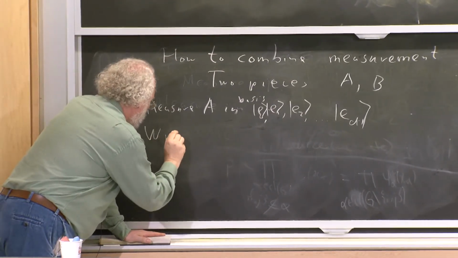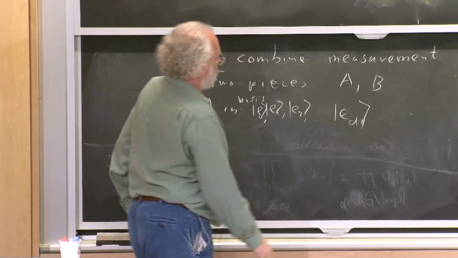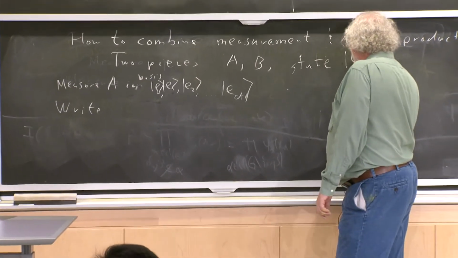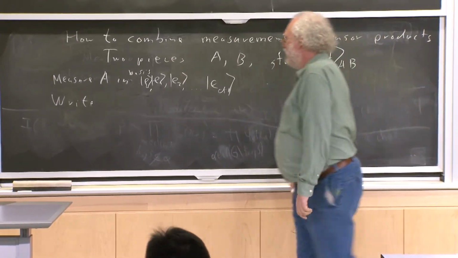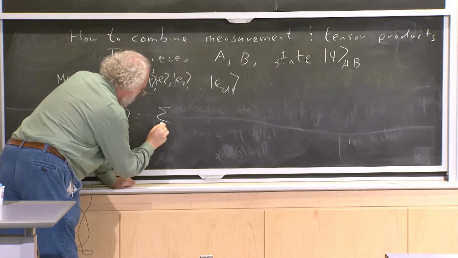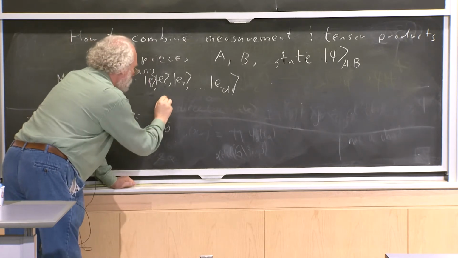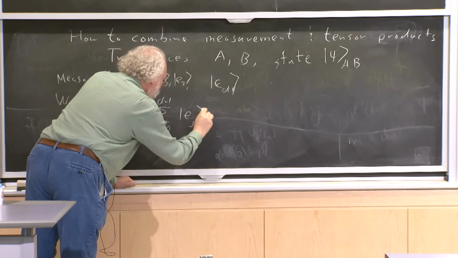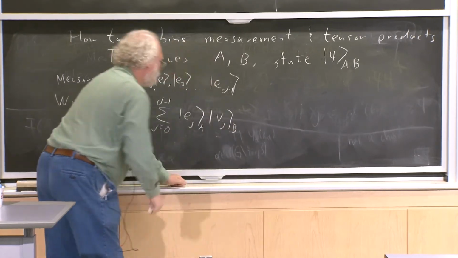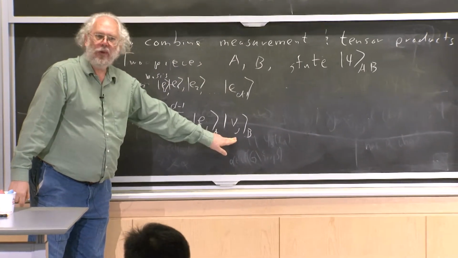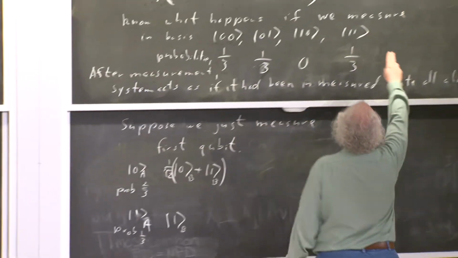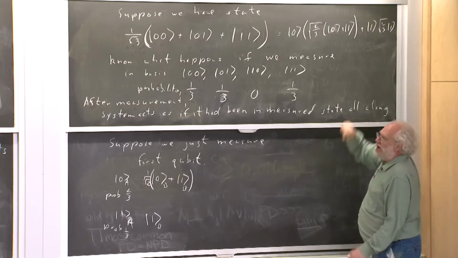So you can write the state, call it psi AB, as equal to the sum over j equals 0 through d minus 1 of e sub j tensor v sub j in B. And here, these v's are not going to be normalized, because over here, if you look at this, these two things are not normalized.